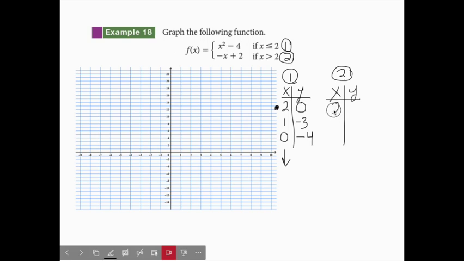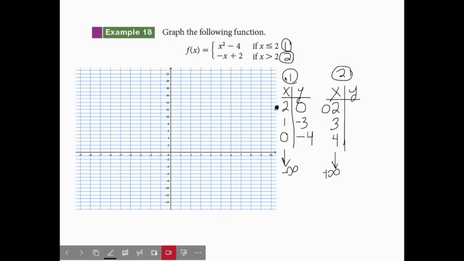So when I put 2 down for x, I'm going to put an open circle there to remind me that 2 is not included. And then I'm going to pick values that are greater than 2, let's say 3 and 4. And then because it's greater than 2, I know I'm going to have an arrow go into positive infinity. You can even label that. This is going to positive infinity, and because this is less than, this is going to go to negative infinity.